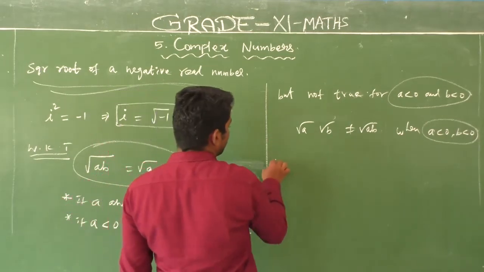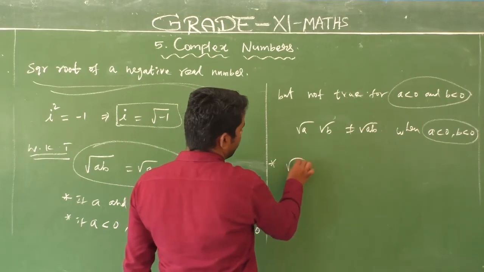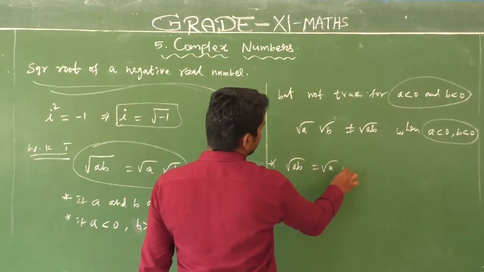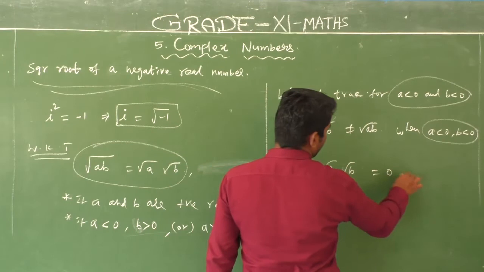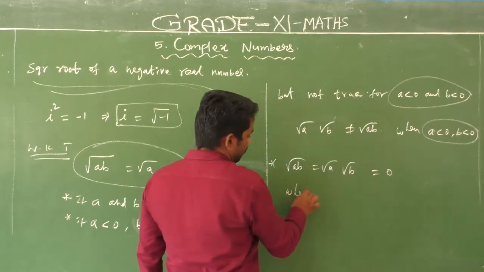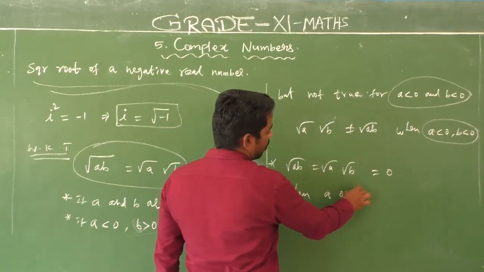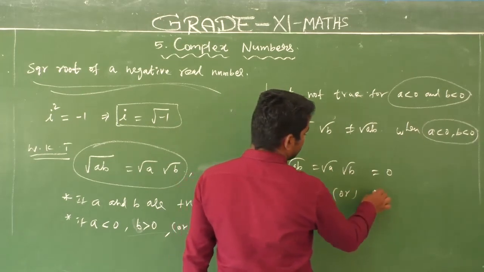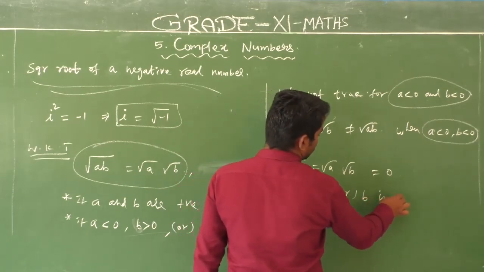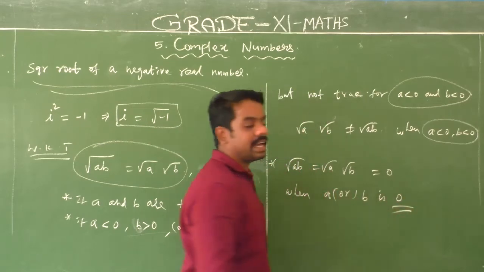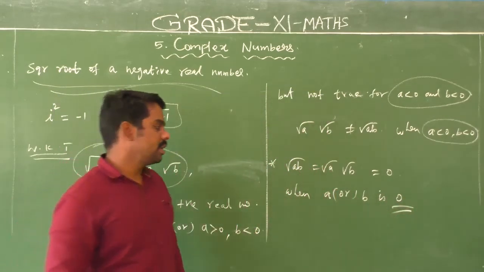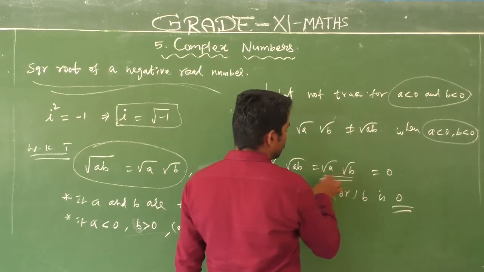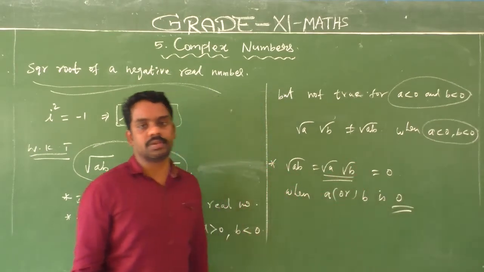Next, root of AB is equal to root A into root B, equal to 0, when either A or B is 0. If any one of A or B is 0, then the value of root AB is also 0.